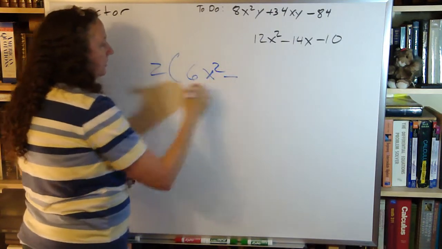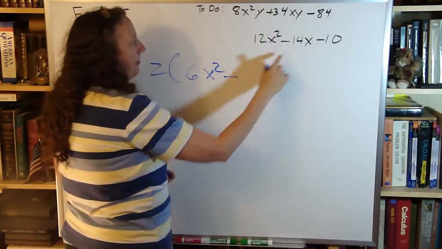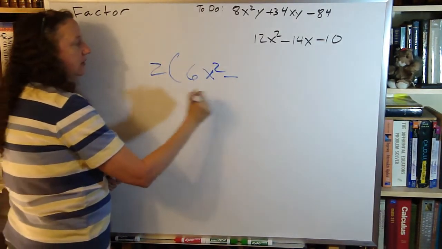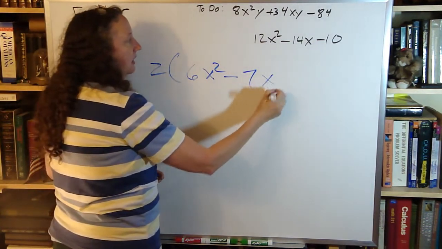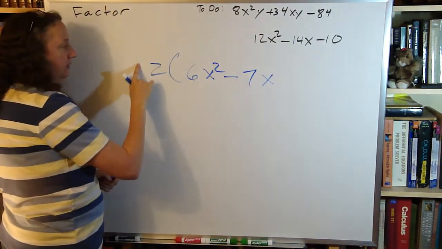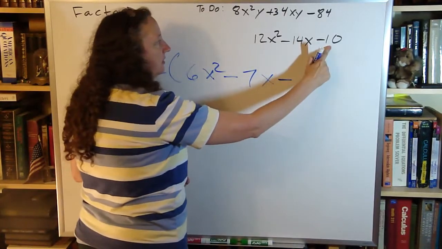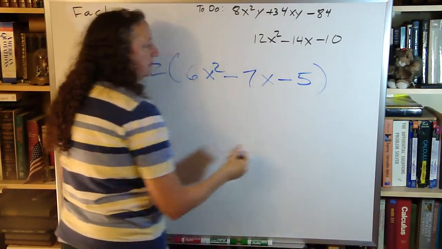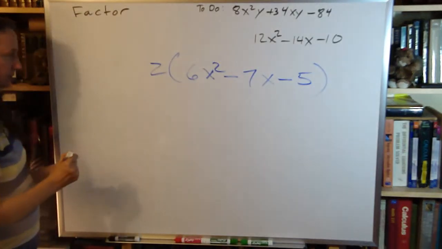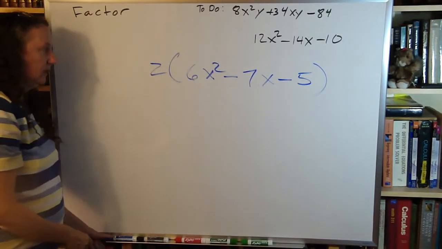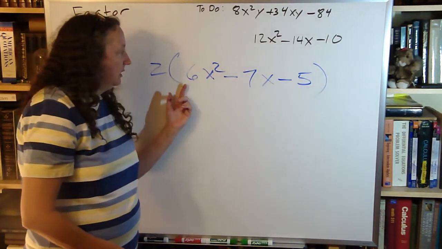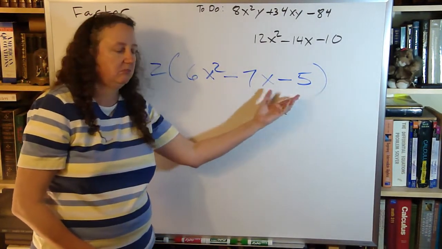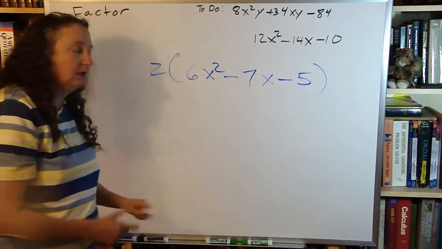So 12 divided by 2, I get 6, x squared, minus, because this is positive here, 14 divided by 2 is 7, x, minus divided by plus is minus 10 divided by 2 is 5. Double check. 6, 7, 5. Can't factor anything else out.